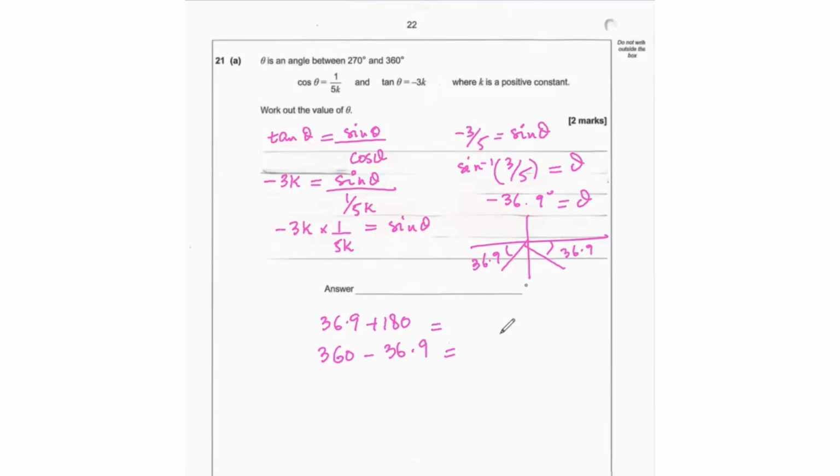So this one is 216.9 degrees, and the other one is 323.1 degrees. Our angle is between 270 and 360, so 323.1 is our answer. The other angle is not applicable because it doesn't fall in the given range.